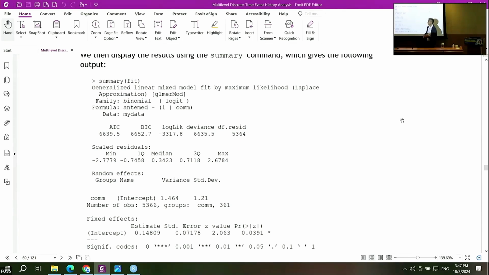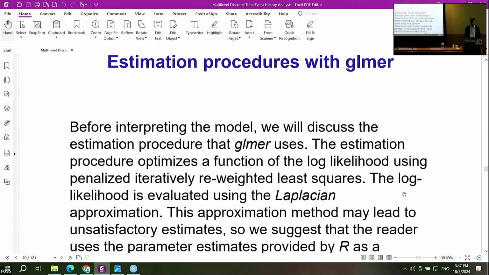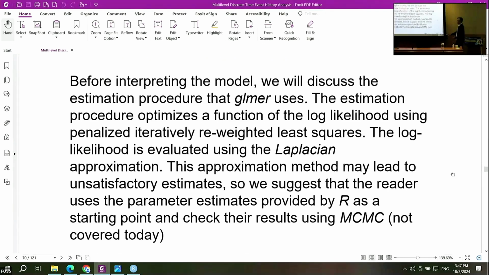So the proper way of doing variance estimation in multi-level logistic regression models is to use Monte Carlo Markov chain estimation methods, which we definitely won't go into today. That's a whole other lecture, but it's a Bayesian process.